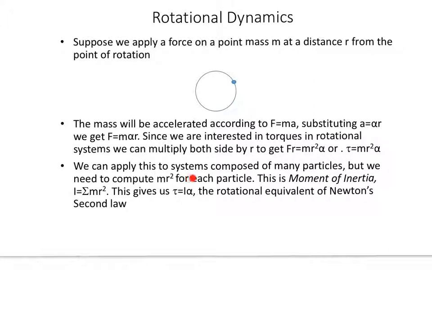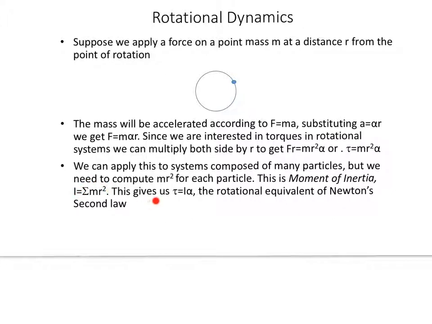Now, we can apply this same treatment to systems composed of many particles, but we would need to compute this mr squared term for every particle in the system and then sum them up. So when you do this, this is what's known as the moment of inertia of the object, and the moment of inertia, I, is defined as the sum of all of the mr squareds for all the particles in the system.